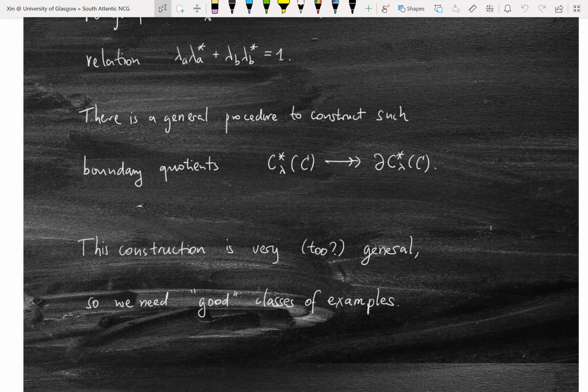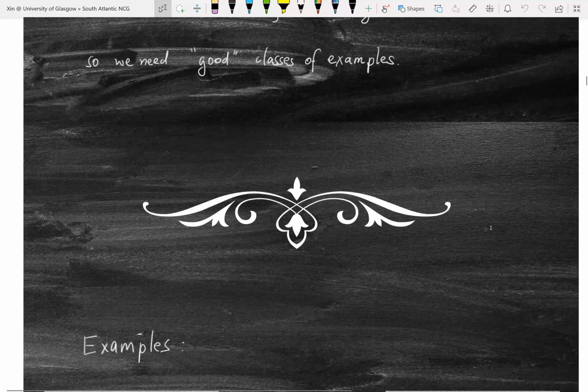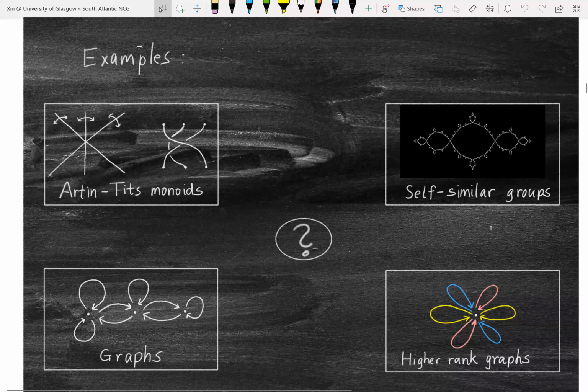So here is a little picture of the kind of examples I'm thinking about. So there are various classes of examples, which I will in a minute go into more detail and explain the C*-algebras we construct. And then the question will be, what is the thing that they have in common?